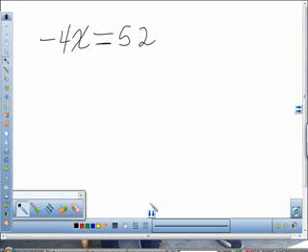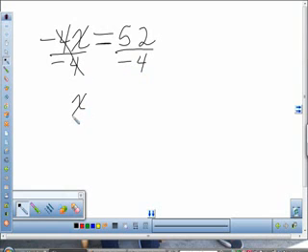But the variable's hooked to the negative 4 by multiplication. The opposite of multiply is divide. So we're going to divide both sides by negative 4. That gives me x. A positive divided by a negative is a negative. And 4 into 52 is 13.